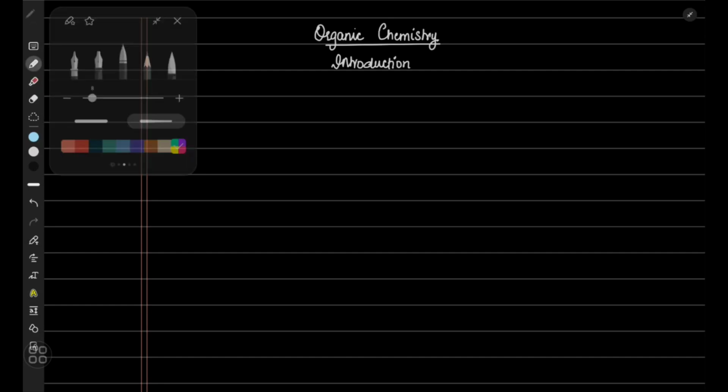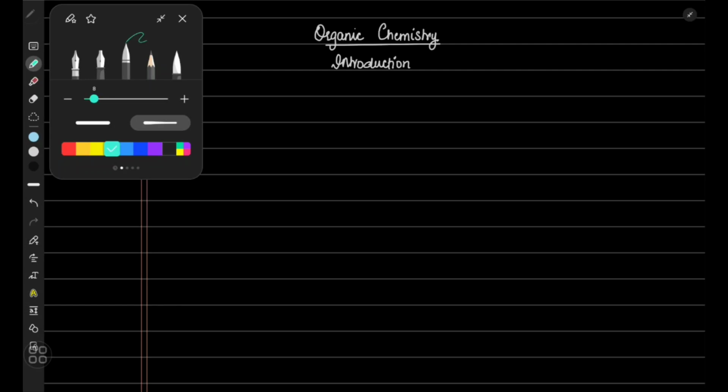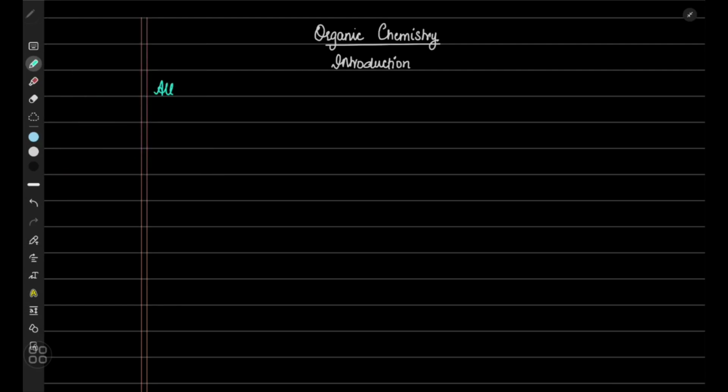All organic compounds do contain carbon, but not all carbon containing compounds are organic. Very important point.